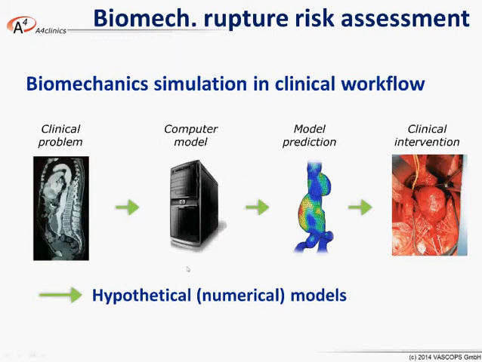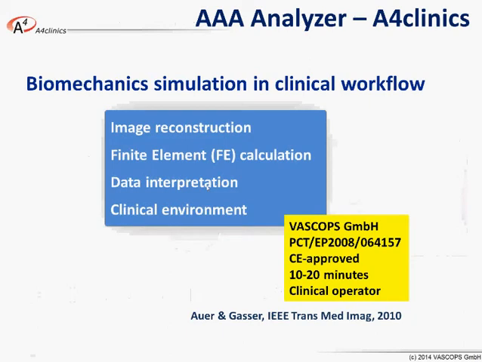Of course, most important is this computational model, and the reliability of this model will largely define if this concept is successful or not. Now, what does this mean from an implementation point of view? You first have to do image reconstruction to build a three-dimensional geometry of your aneurysm.